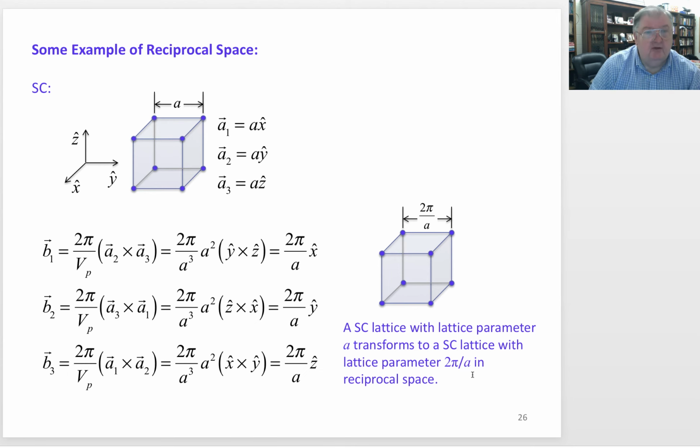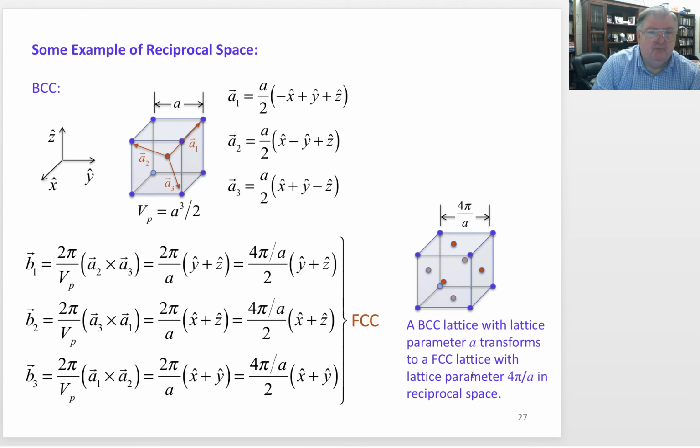Suppose we do the same thing for a body-centered cubic. Here are the three lattice vectors for the primitive unit cell for a body-centered cubic. I go and use the formula I gave you to compute B1, B2, and B3. Here's what I get this time.